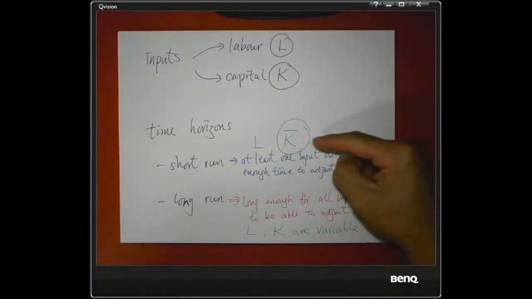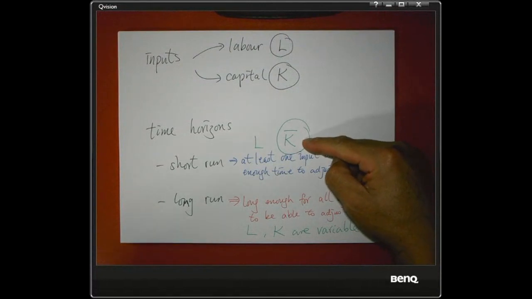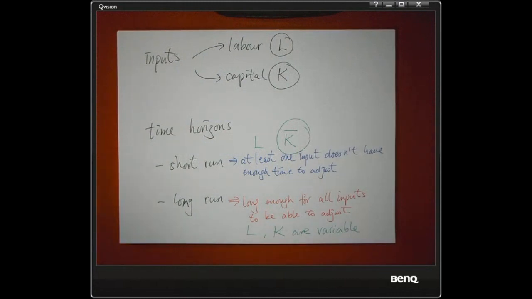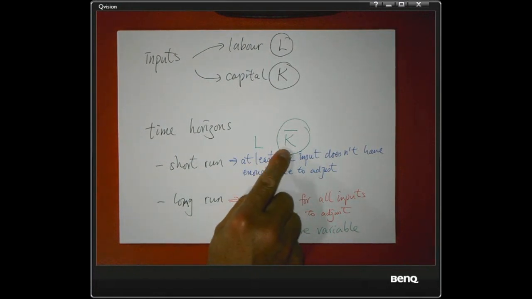But changing capital, like machines or building new factories, will take a much longer time than hiring or firing workers. And therefore, if we are under time constraints, that we don't have enough time to change the input, most likely it will be the capital, like the size of the factory, that we don't have enough time to adjust compared to labor.